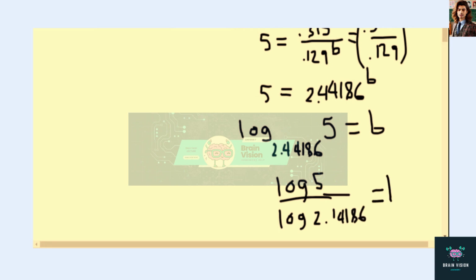I thought I'd have to use that at some point. Okay, so let's just put this in a calculator. Log of 5 over log of 2.14186 gives me a B of 2.113. I'm just going to leave it like that.